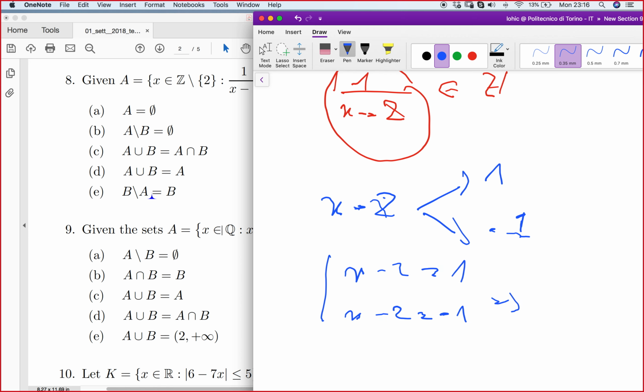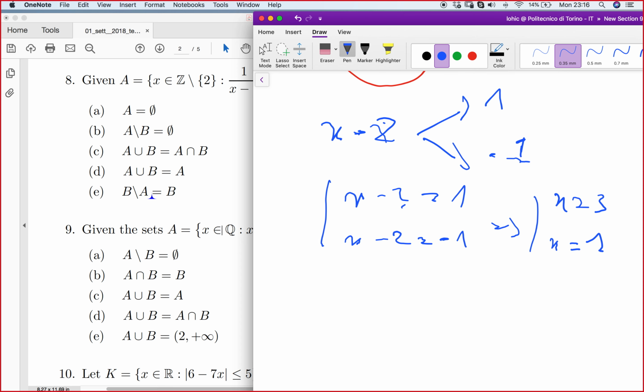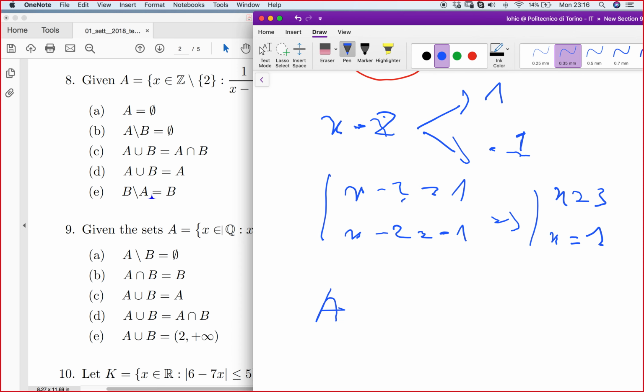That maps to x equal to 3 and x equal to 1. So the only possibilities are x equal to 3 and x equal to 1. So the set A is reduced only to the elements 3 and 1, right?